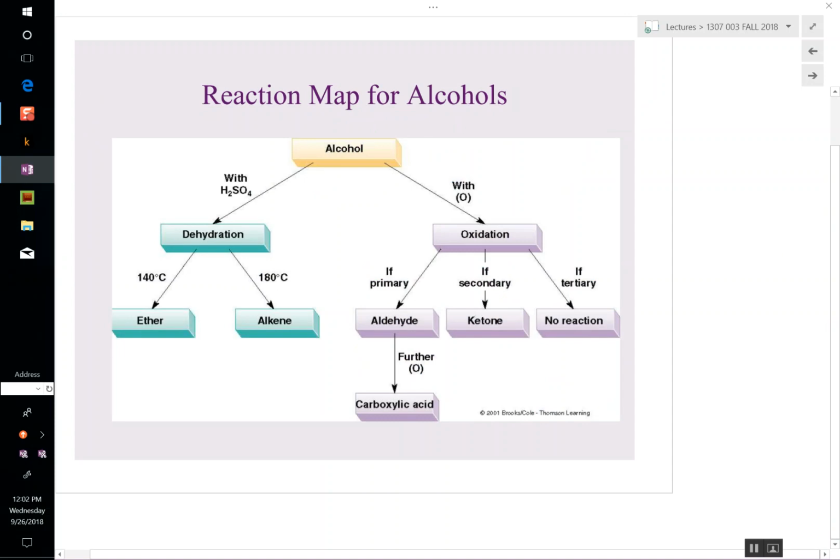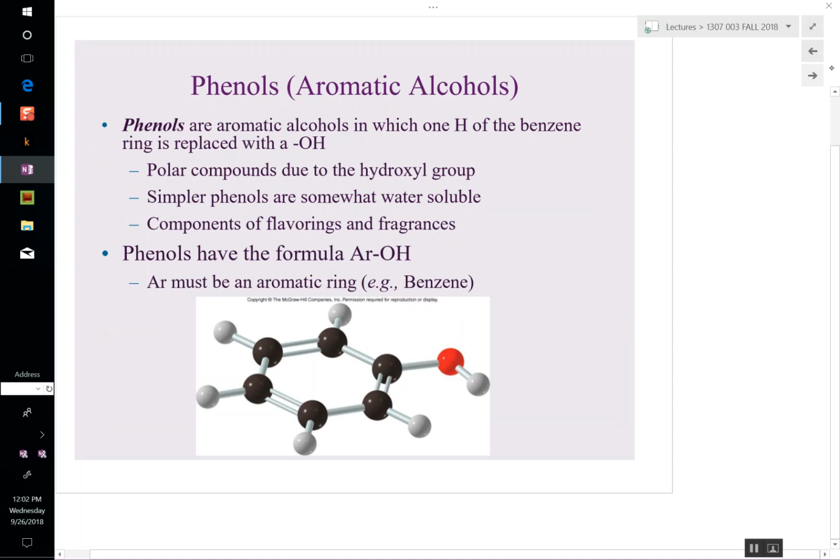Reaction map for alcohols. Alcohols, you can dehydrate them into ethers, dehydrate them into alkenes. You can oxidize them. You can, by hydration, you can make an alcohol. Okay, there is an aromatic ether.